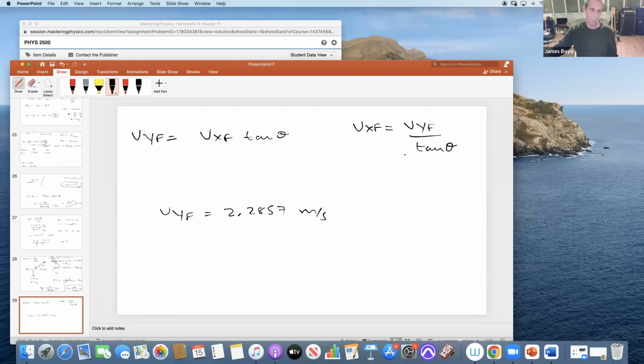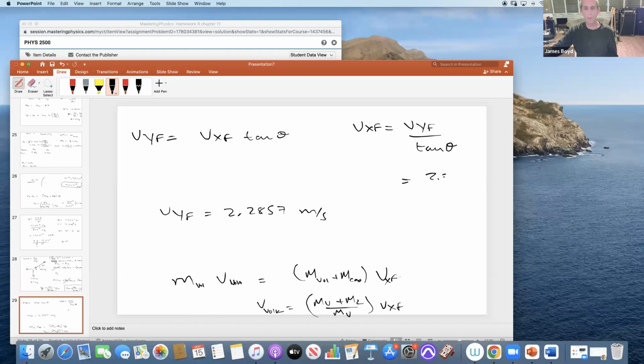And finally, M of the Volkswagen times V of the Volkswagen is equal to M of the Volkswagen plus M of Cadillac times V final, Vx final. So I want to solve for this. V of the Volkswagen is M of the Volkswagen plus M of the Caddy over M of the Volkswagen times Vx final.